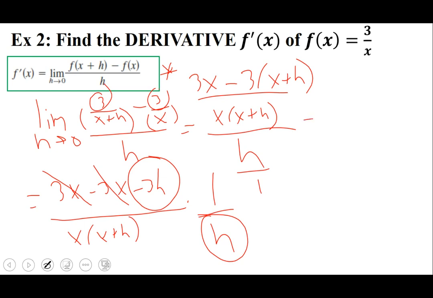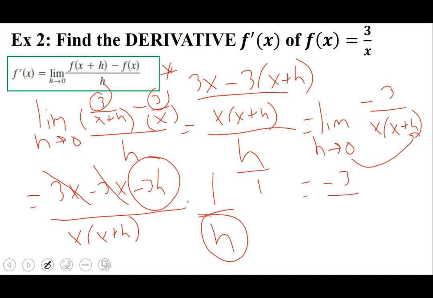Again, I tend to get a little bit lazy, and I drop my limit statement from the beginning to the end. So don't forget to put it back in. Once you've fully reduced, you're now down to the limit as h goes to 0 of negative 3 over x times x plus h. And in the final step, make this h equal to 0, which means you're going to get an answer of negative 3 over x squared, because you'll get x times x.